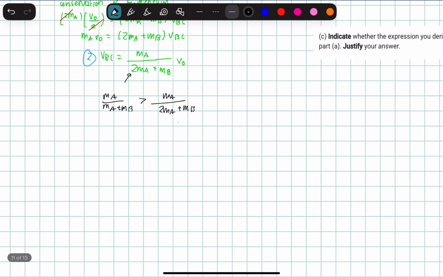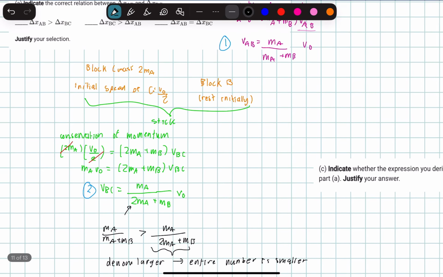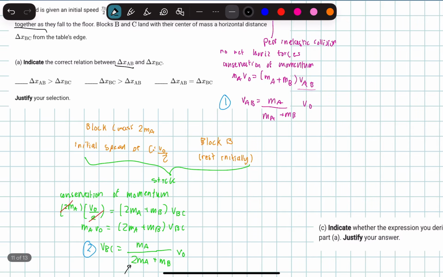Therefore, the entire number is smaller for that portion. So we can write VAB is greater than VBC.